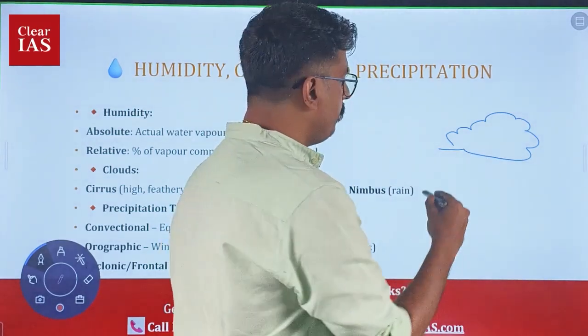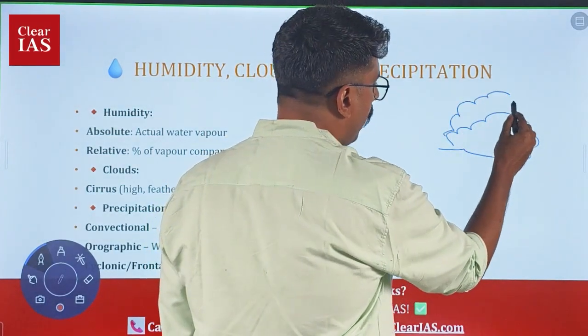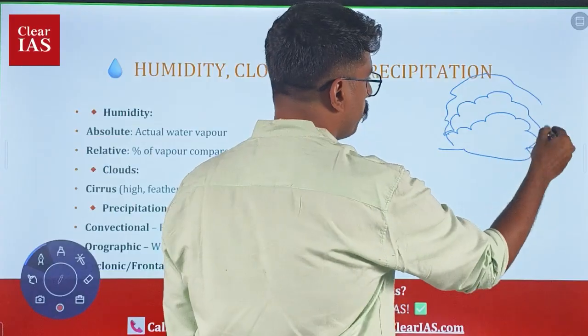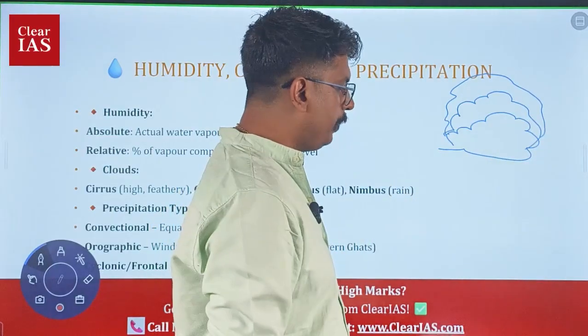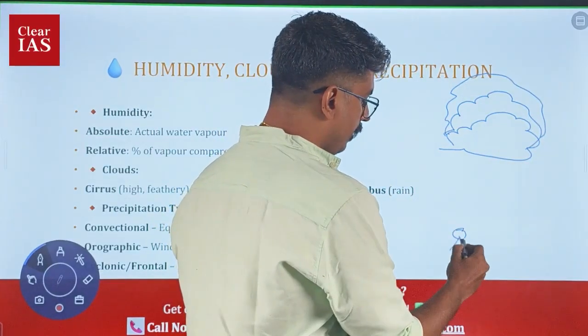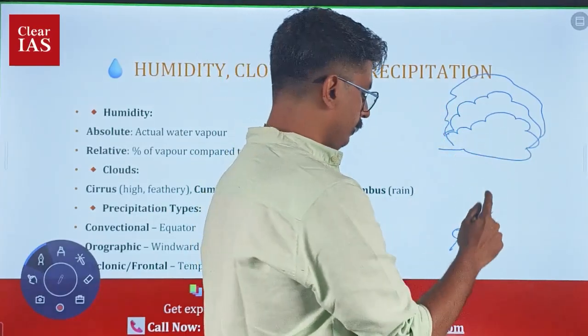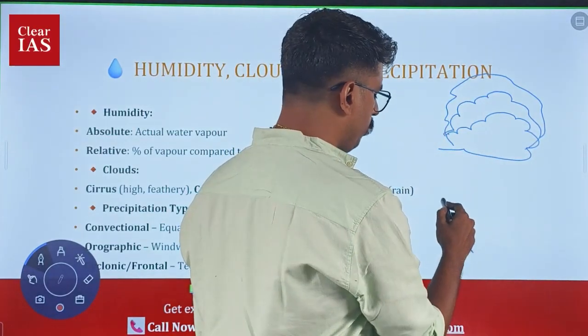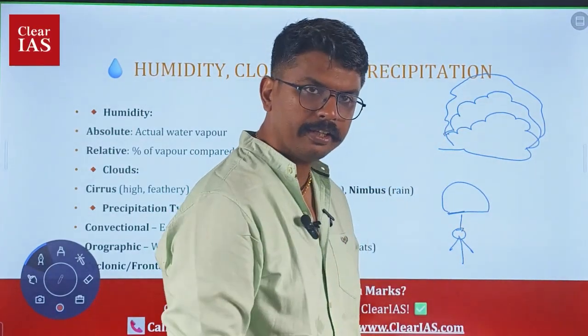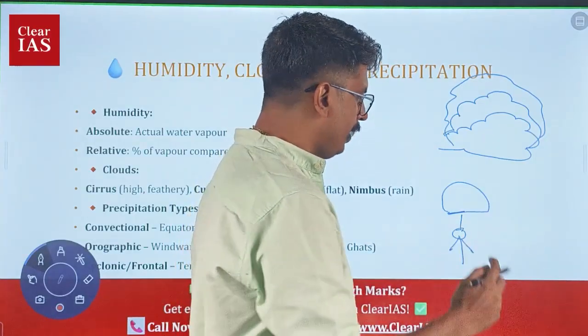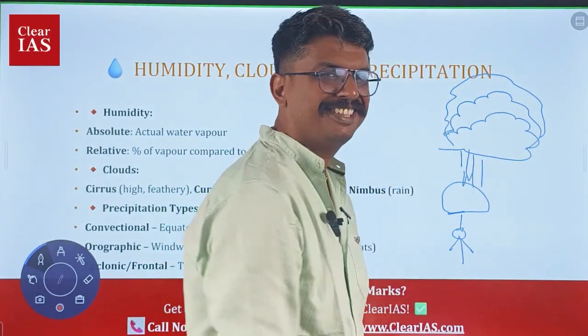And after some time, you see the cloud growing upwards. Now, what will I do? I'll open my umbrella. My friend will ask, why are you opening an umbrella? It's not raining. Then, 1, 2, 3, rain falls.